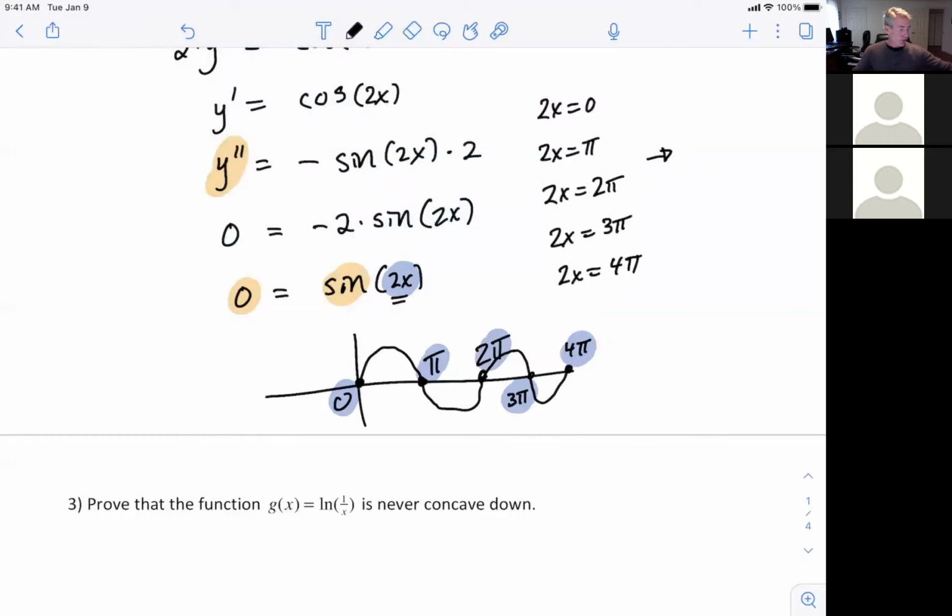And then to solve for x, all I need to do is divide them all by 2. So it's going to be x equals 0, x equals pi over 2. Then this one is going to be divide by 2, so that's going to be pi. The next one will be 3 pi divided by 2. And the ultimate one, divide 4 pi by 2, so it's 2 pi.